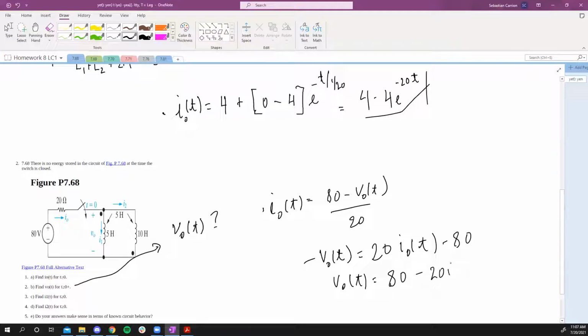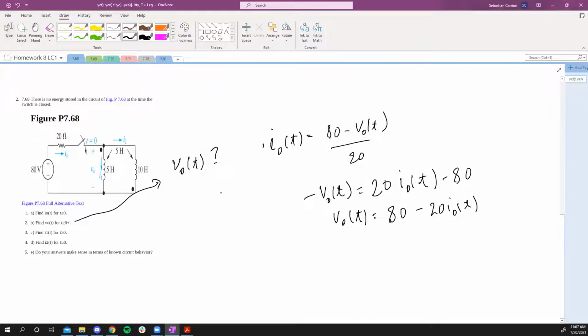So this is what our v naught(t) would look like. Then what we would have to do from there is plug i naught(t) into here. So 80 minus 20 times (4 minus 4e to the negative 20t).